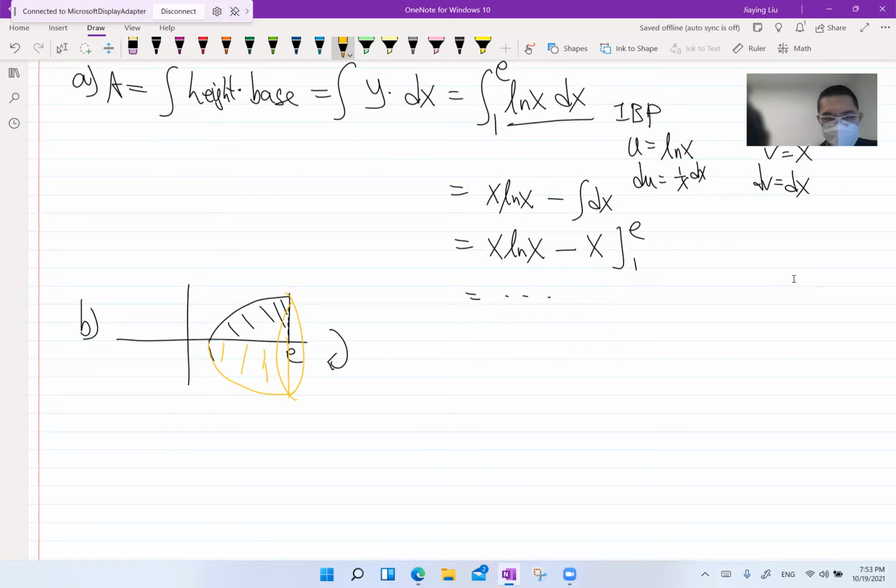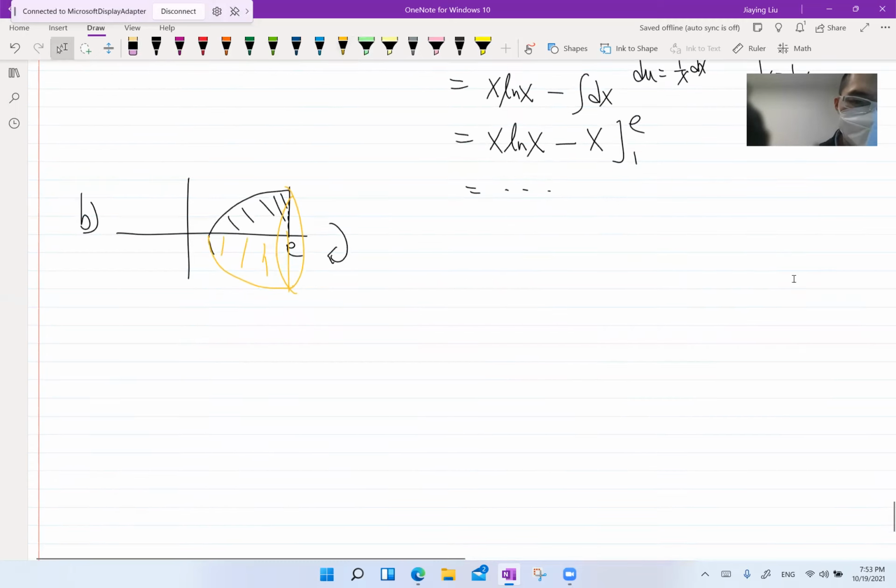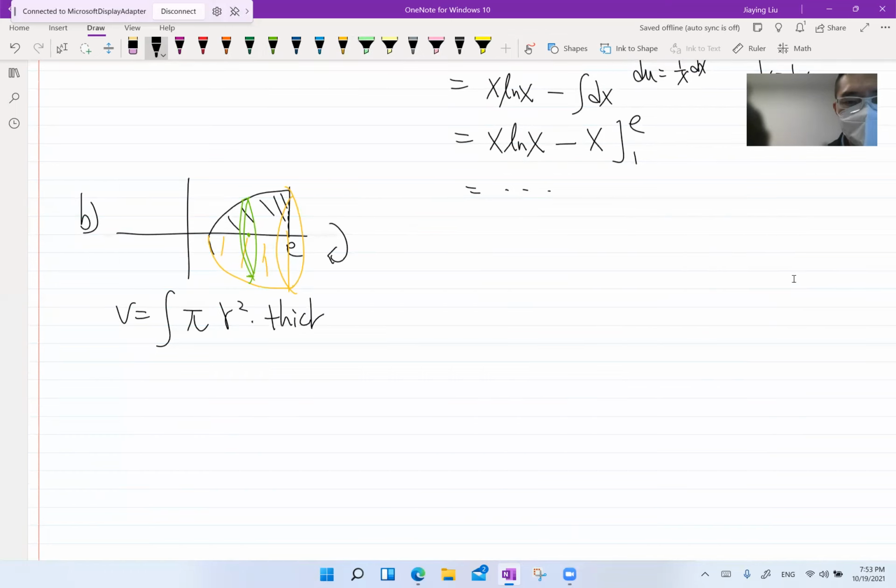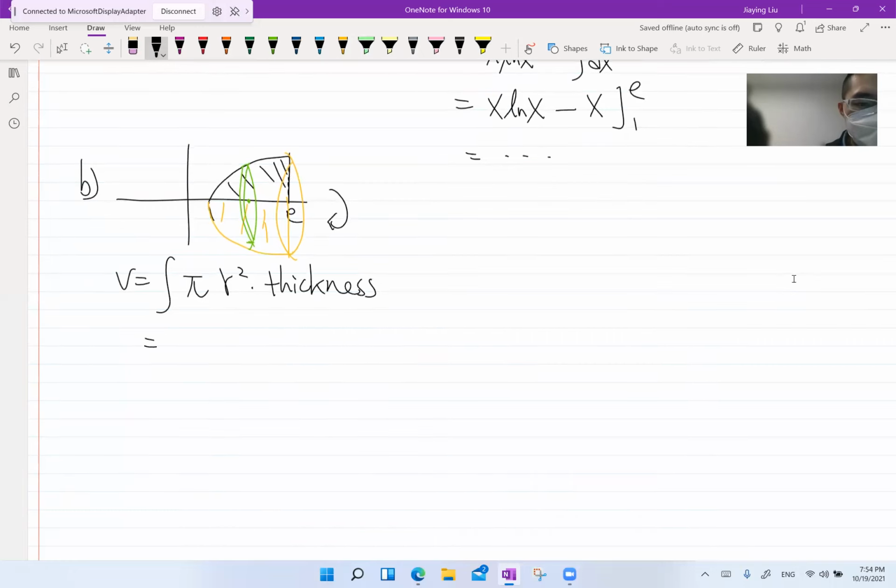Now, based on what you did before, obviously it's easier to use the disk method. So imagine that we have these disks that we stack together. So the volume is equal to pi radius squared times the thickness. There's no part that's missing. That's good. So that will be the integral of pi radius squared. What is the radius?